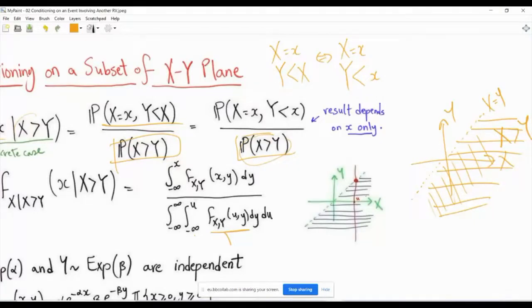And you can do this without drawing. You can just say it, right? You look at this and say, okay, if I fix big X at small u, then I need y to be less than small u. So y will go from its minimum possible value, which generally speaking will be -infinity, up to small u. And then of course you ask, what are the possible values for u? Generally speaking, it will be from -infinity to infinity.